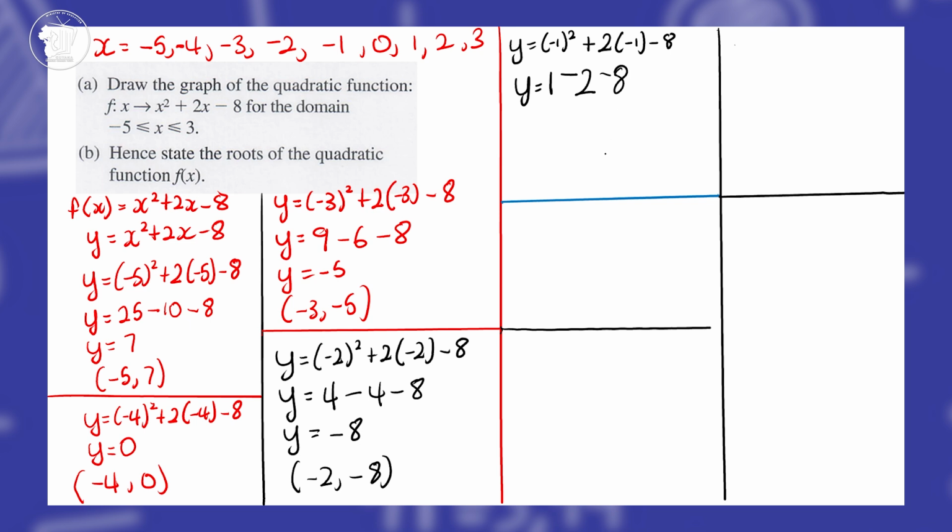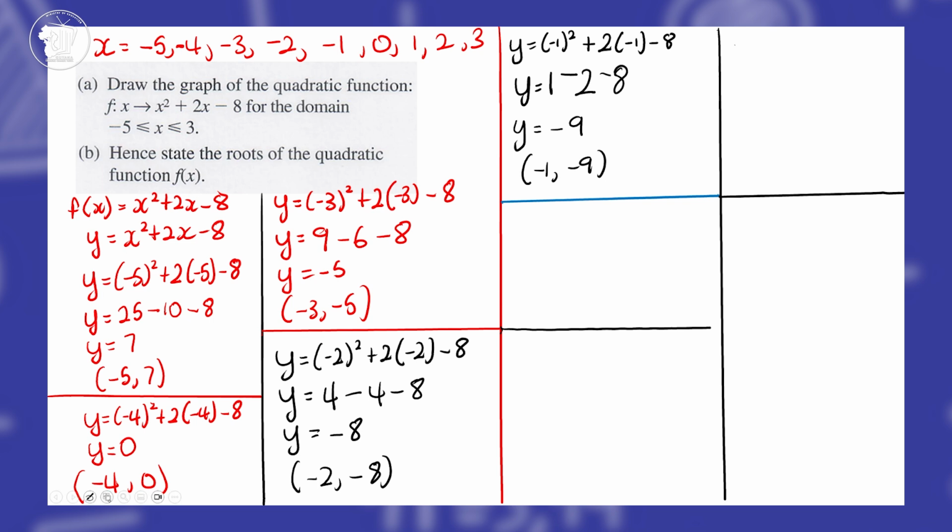So we'll have 1 minus 2, which would be negative 1, minus 8, which would be y is equal to a minus 9. So hence our coordinates here would be x, which is negative 1 and negative 9.